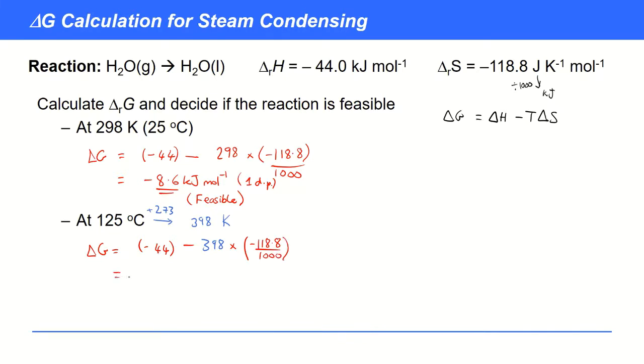And if we stick all that in our calculator, we should get plus 3.3 kilojoules per mole. So we would say at that temperature, this is not feasible. Which makes sense. Above 100 degrees C, the most stable phase of water, at least at atmospheric pressure, is gaseous water. So we're not going to get steam condensing spontaneously to liquid water.